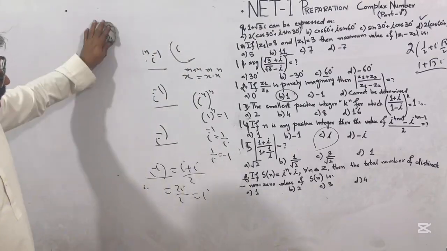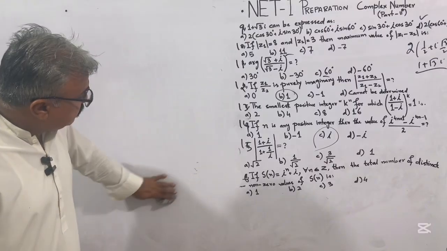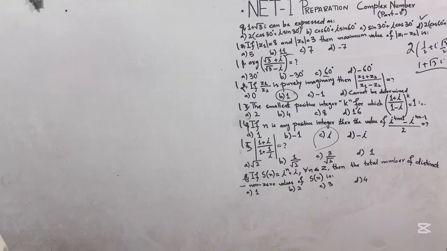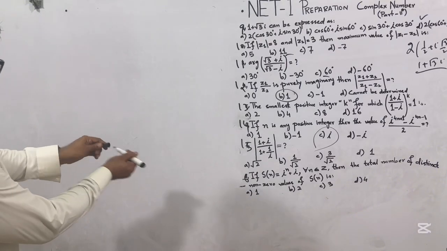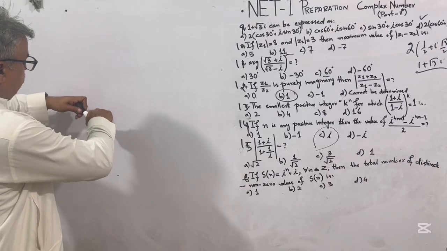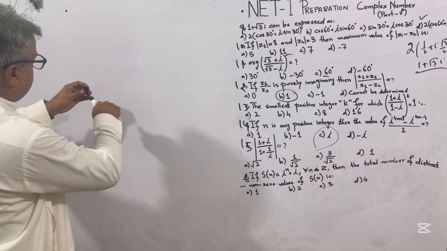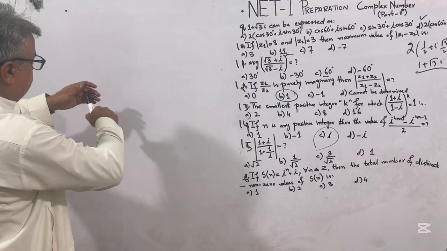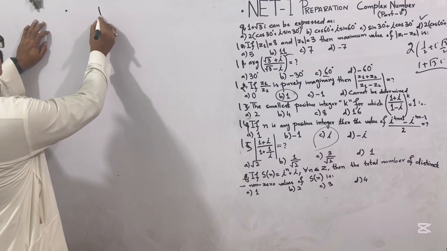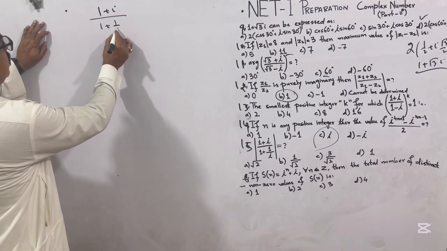Moving towards the next question, that is also based on rationalization and conjugate of each other. We have to find the magnitude of 1 plus iota divided by 1 plus 1 upon iota.